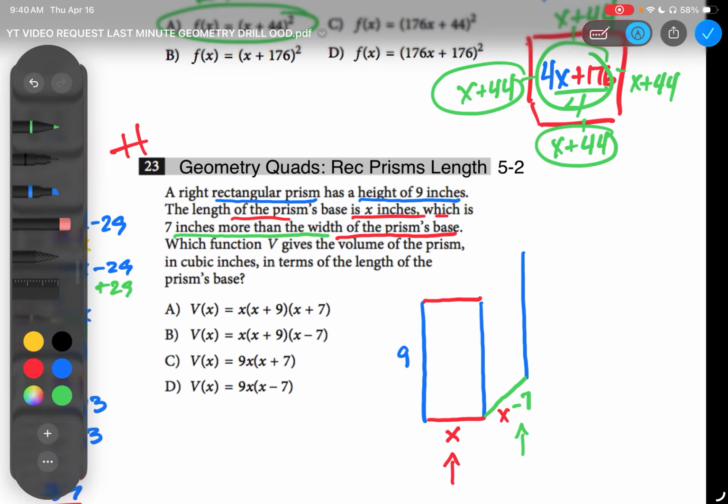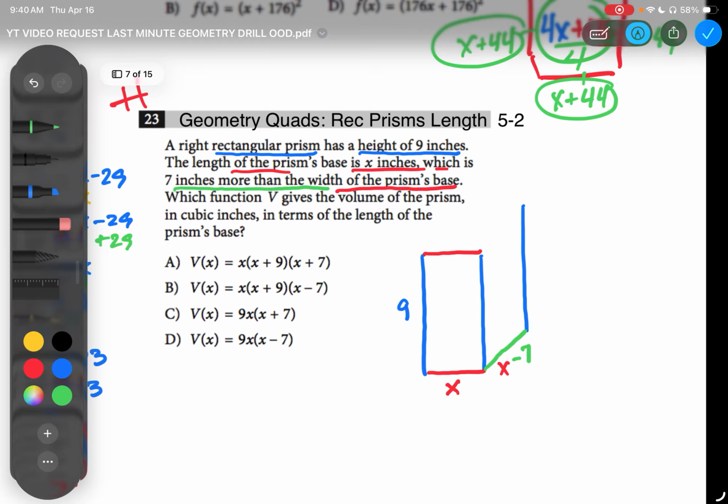So just to prove it, this is kind of a mind bender. When I show the students, they're like, "Oh man, I'm kind of confused." All right, let's come up with a number for x. Let's say x equals 10. So what would be the green line measurement? Well, then it would be 10 minus 7, which would equal a length of 3.